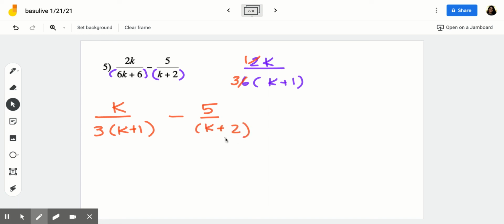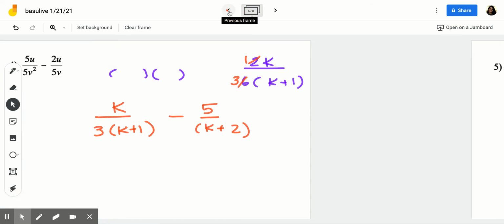Okay, so now, do these denominators match? Nope. How many things do I need in the denominator? I'm going to need a 3, I'm going to need a k plus 1, and I'm going to need a k plus 2, because nothing matches at all. None of the factors matched. At least in the last example we did, some stuff matched, or a lot of stuff did, right?